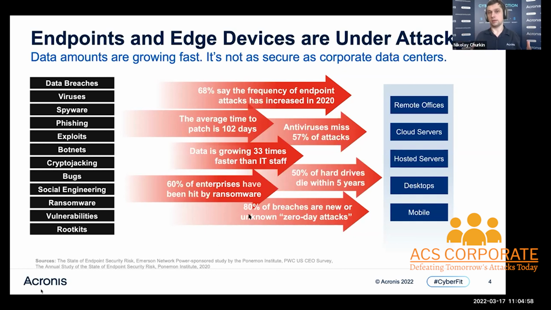It's not yet in the signature databases, and it uses that opportunity to infect as many systems as possible during those few crucial days. In the particular case of ransomware, 60% of enterprises have been hit. That causes reputational damage, of course, and data loss, and so on. We'll talk about that.